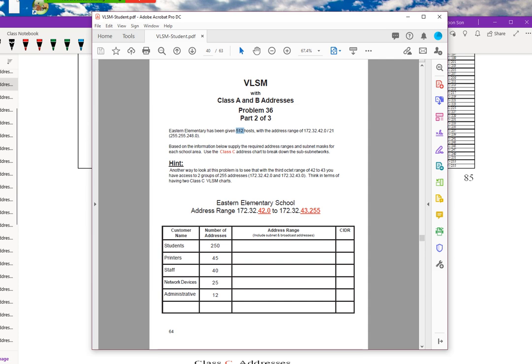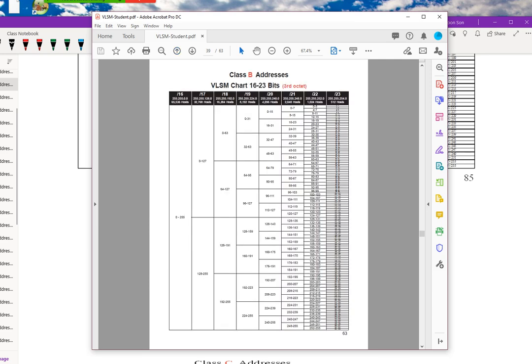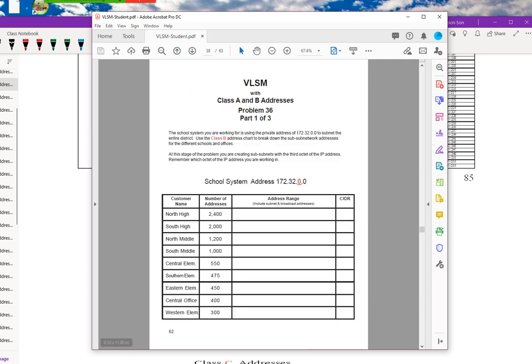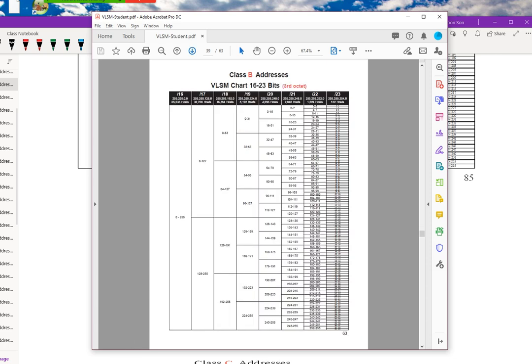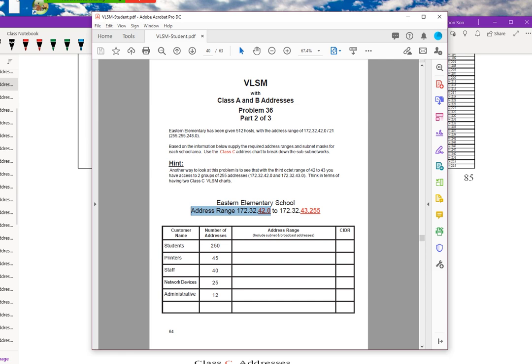If you go back to the previous example, the Eastern Elementary, right? Eastern Elementary is right there. And the address range for the Eastern Elementary is this. This is given.